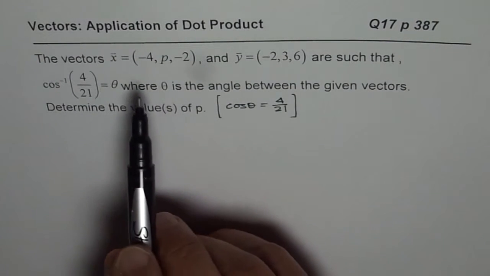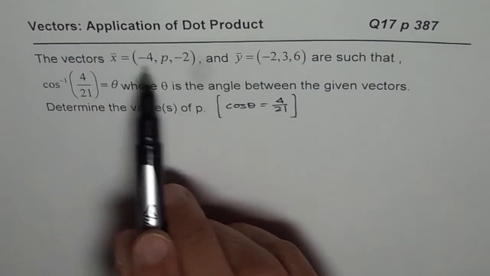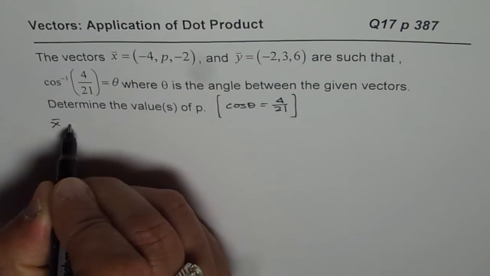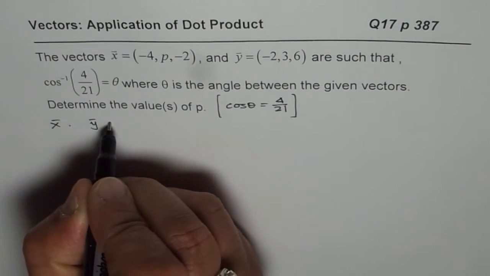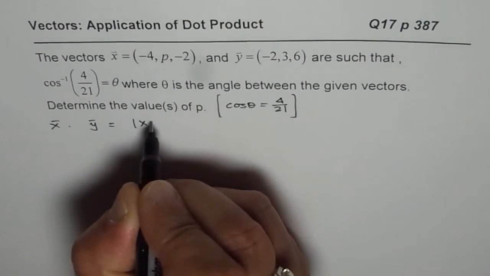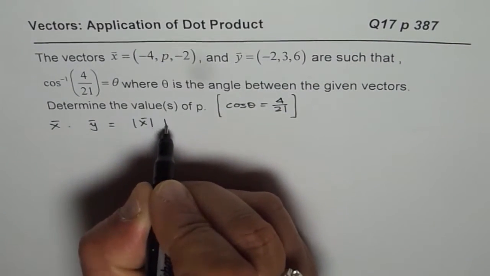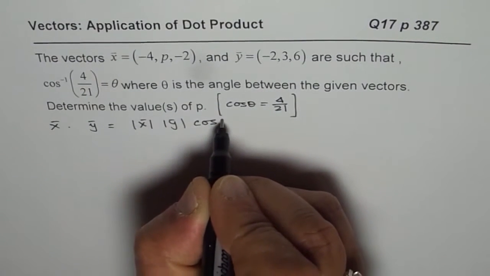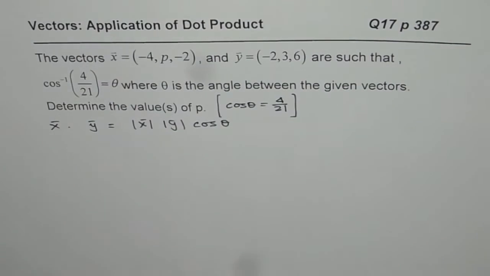So we can begin with the dot product of these two vectors. We know that the dot product of two vectors is equal to the product of their magnitudes times cosine of the angle between them, so cos theta.